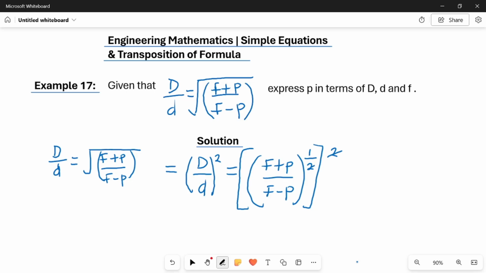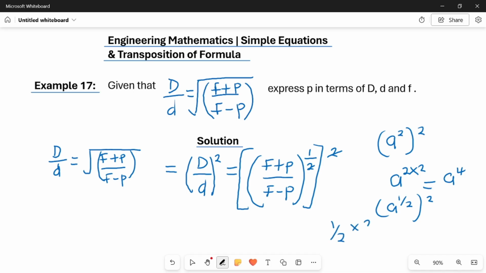Because if a base a is raised to the power of 2 and then to another power of 2, we multiply 2 times 2, which is a raised to the power 4. But now a is raised to the power 1 over 2, all raised to power 2, and we do 1 over 2 times 2, same thing as 2 over 1, so it cancels out to get 1. That's why we are cancelling out these two. Let's continue.